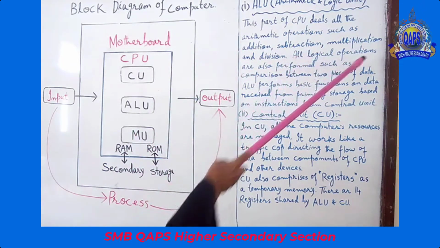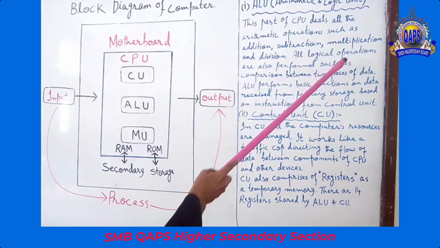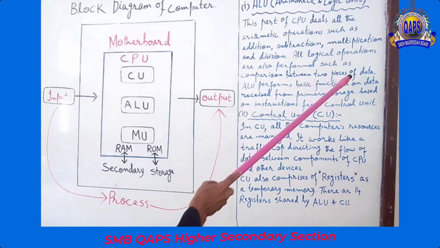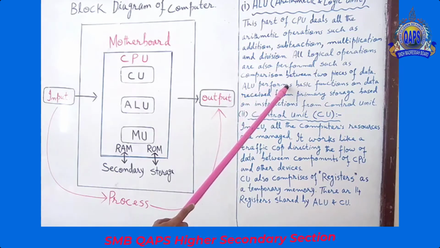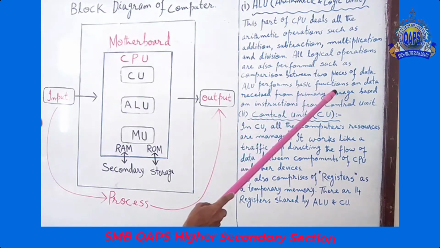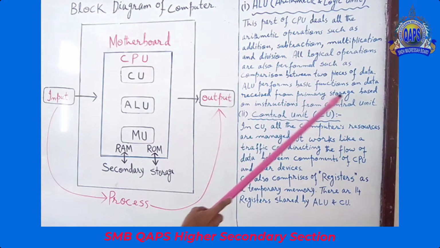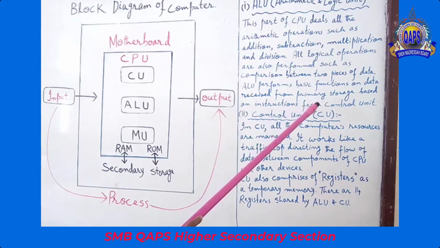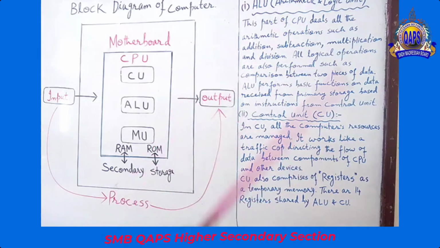All logical operations are also performed such as comparison between two pieces of data. ALU performs basic functions on data received from primary storage based on instructions from control unit. A very short note about ALU.